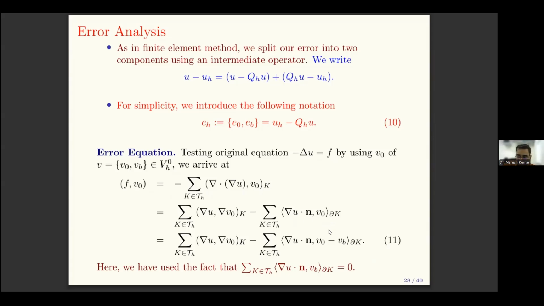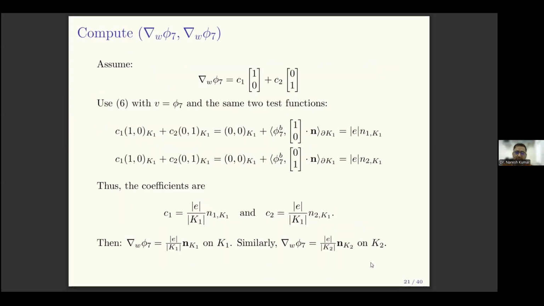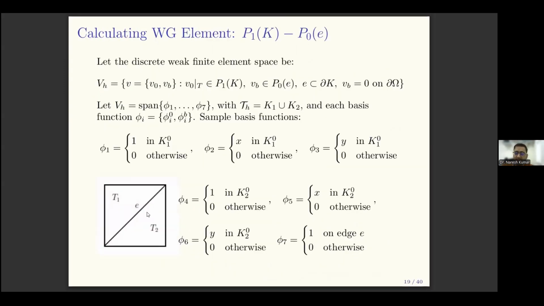But in equation 11, we add a term minus vb. Here you can see only v0, but we add the summation over K belonging to Th of grad u dot n comma vb. That is equal to 0. If you take an element like this one, for the interior edges, the outward normal for T1 is on this side and the outward normal for T2 is in the opposite direction.